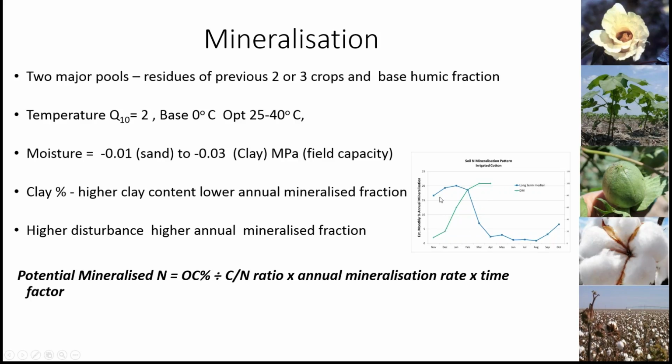But if you look at the mineralisation pattern of a cotton crop or cotton soil versus the uptake, that mineralisation can impact quite significantly a large part of the dry matter production or the nitrogen demand, or the period of nitrogen demand in the crop right through to February. So it is important to take that into account, the potential for mineralisation, to end up with a high nitrogen fertiliser use efficiency.